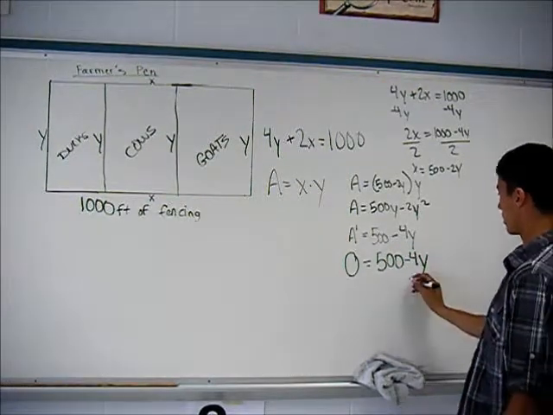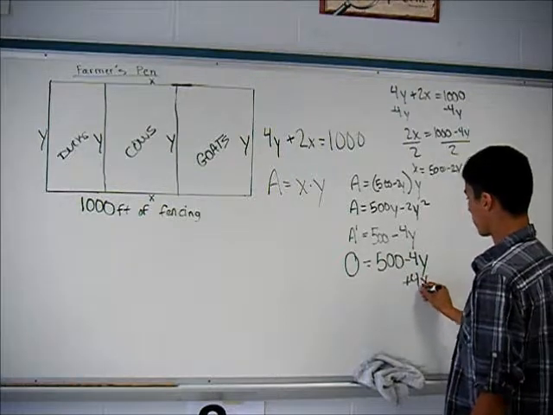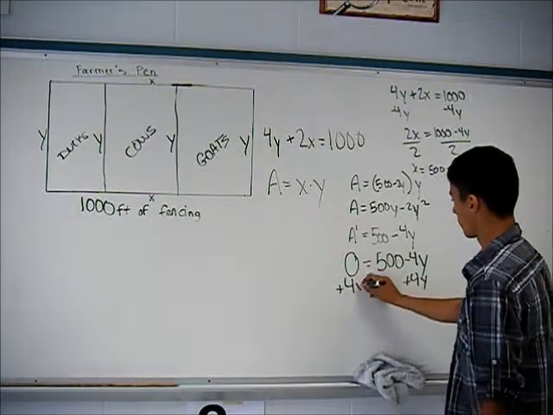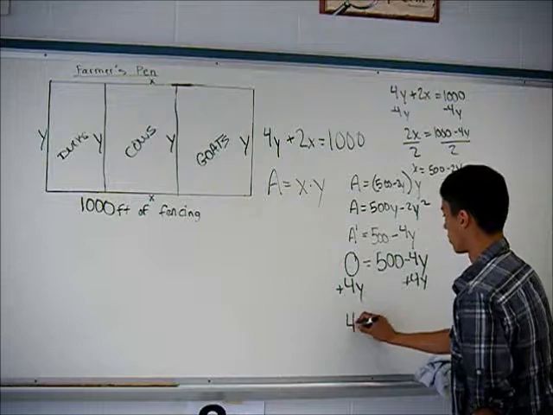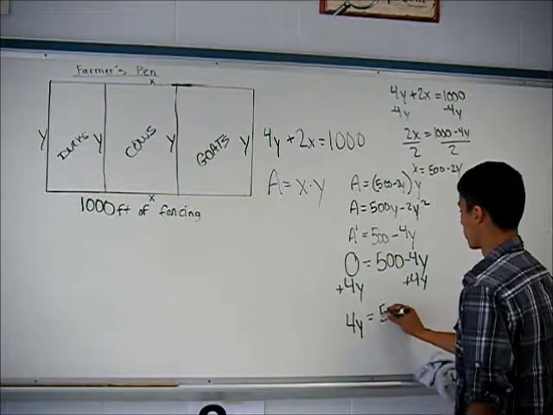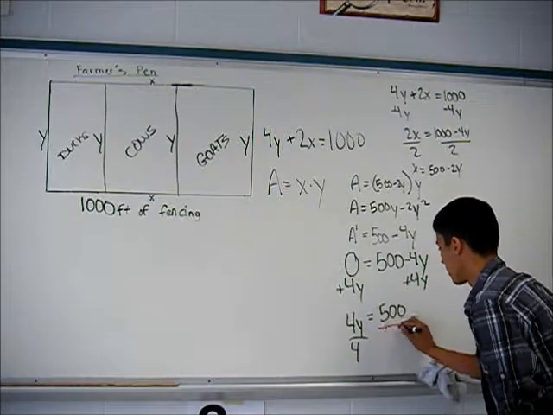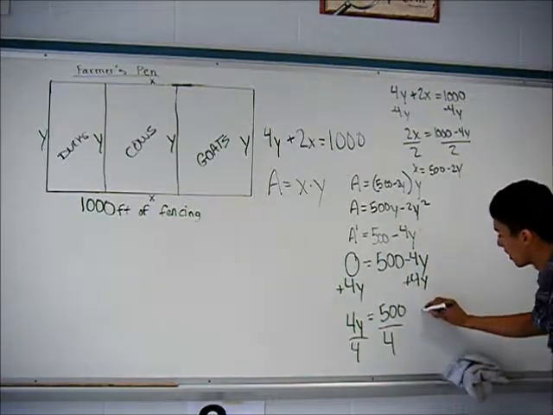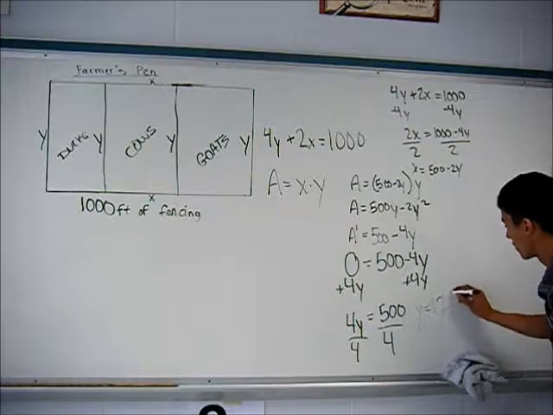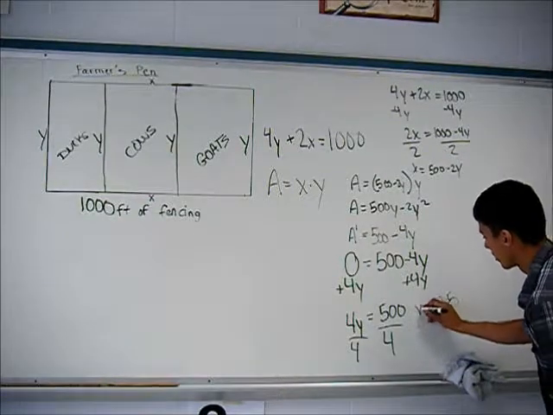Okay, add 4y on both sides. So 4y equals 500. Obviously divide by 4. Since I'm a math genius, I already know that y is equal to 125. I'm sorry, I just know that.